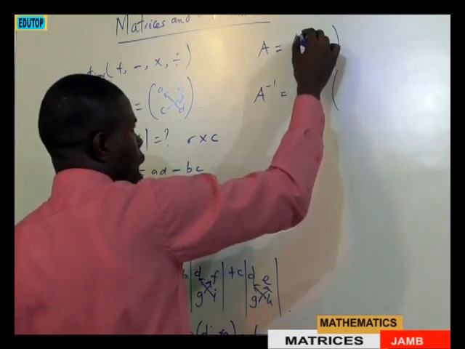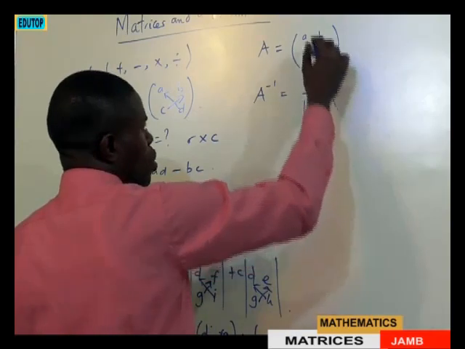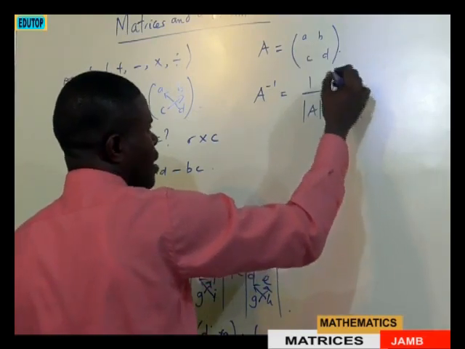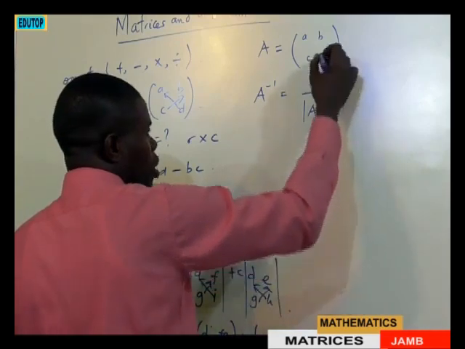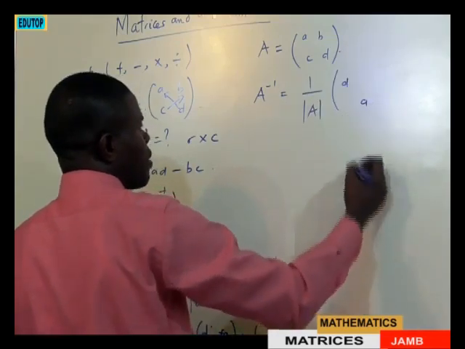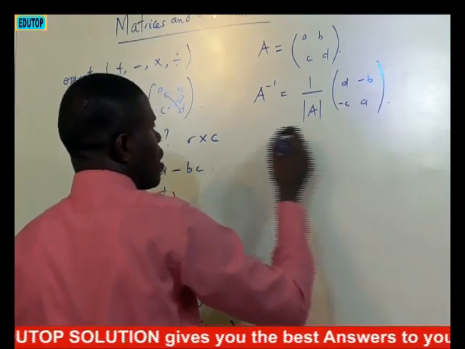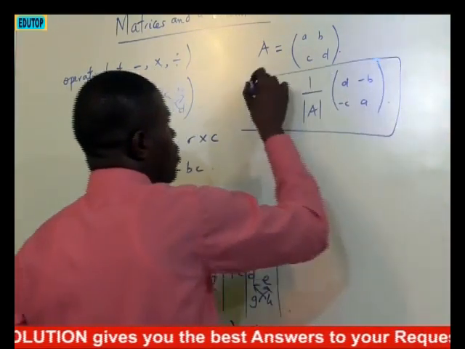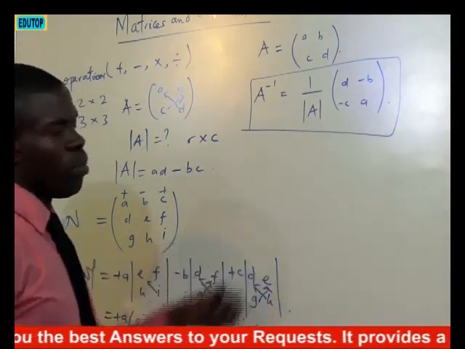The position of A will be replaced by D, and the position of D will be replaced by A. That's the first thing. Then we put minus on the other diagonal. So this is how to compute the inverse of a 2 by 2 matrix.